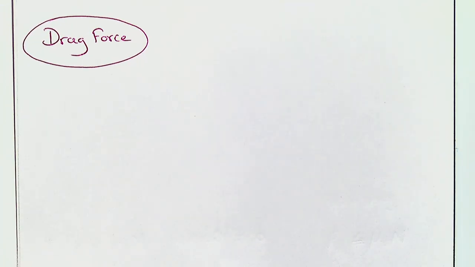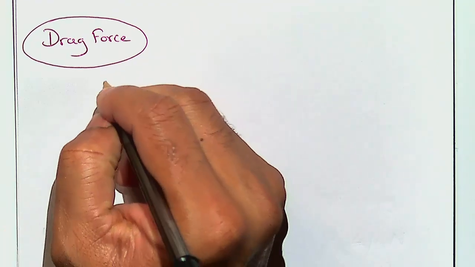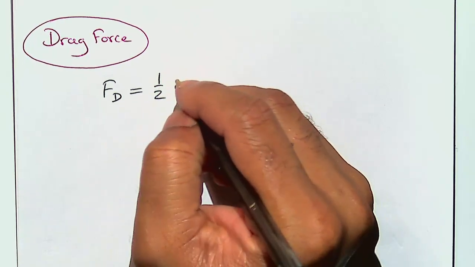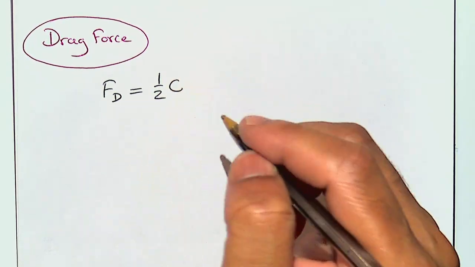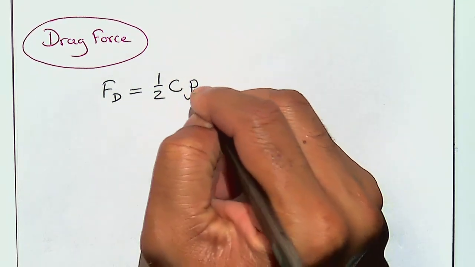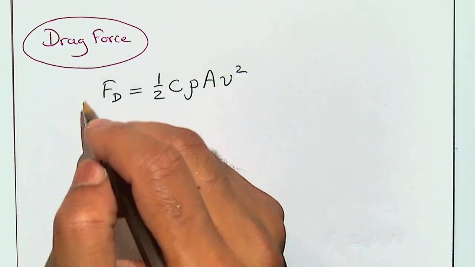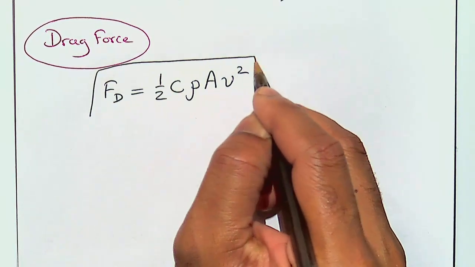One reason is there are two equations for this. Let's look at the first one first. The force of drag is equal to 1/2, some coefficient, we'll talk about that, rho a v squared. So lots of terms. What do they all mean?